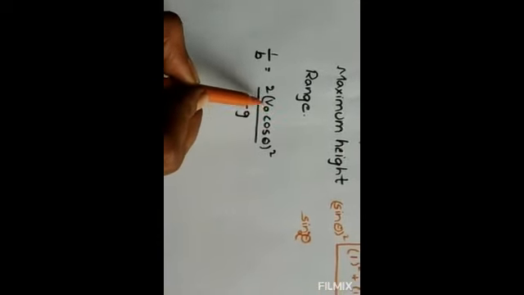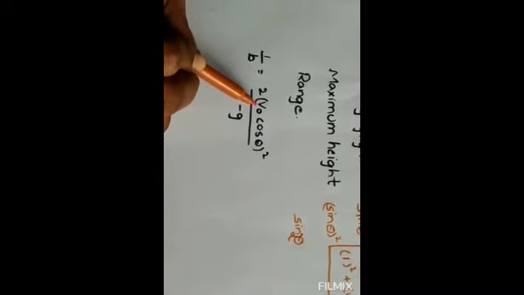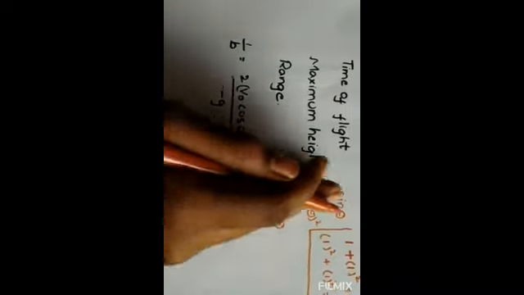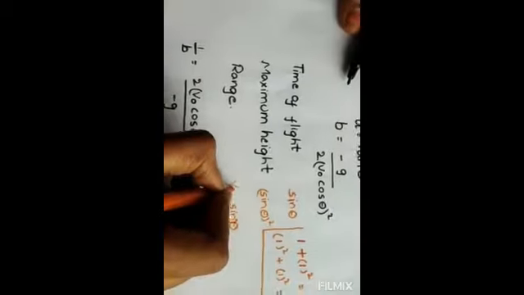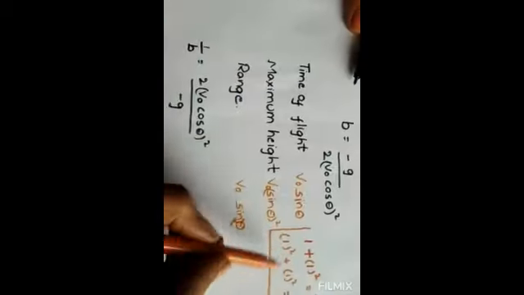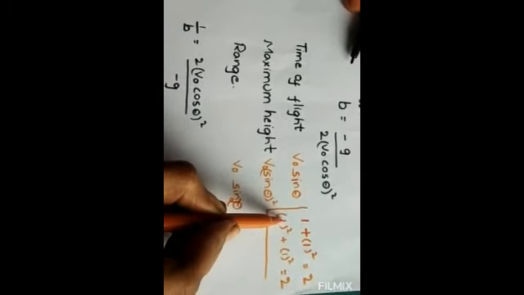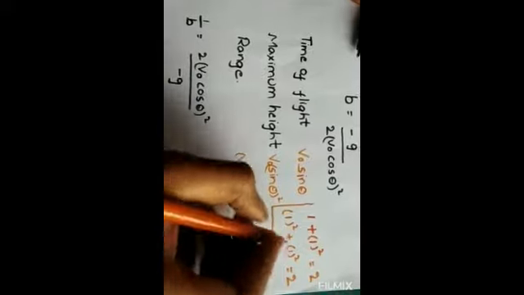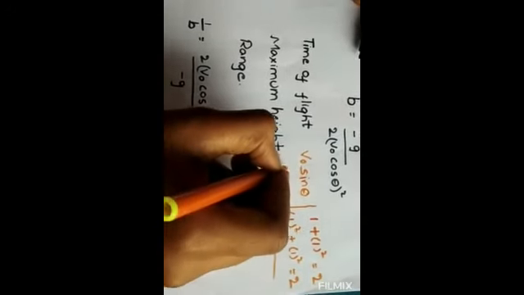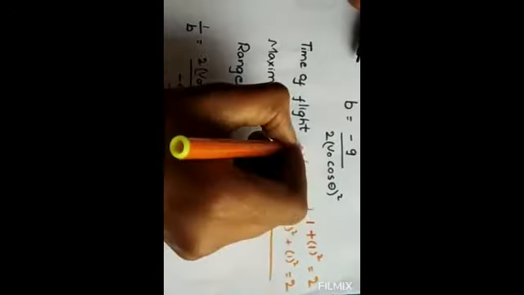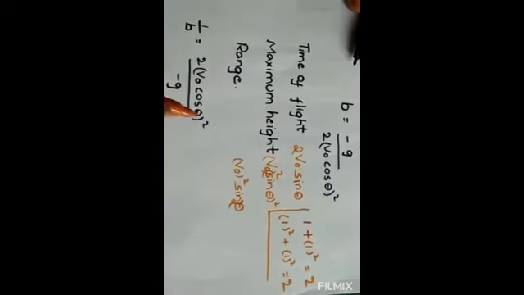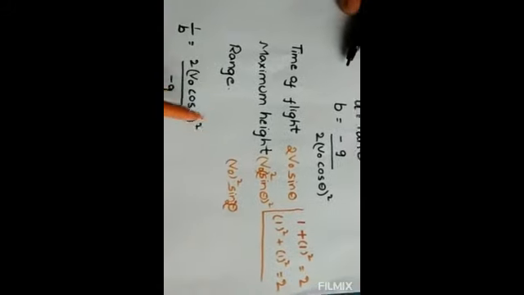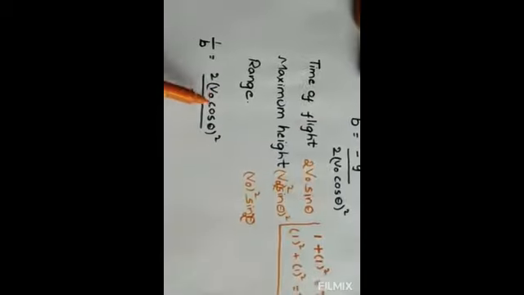Next, here what is here? V naught. So we have to write V naught from downside. So V naught, V naught. Here what happened? Consider this one as V naught. So V naught square, and 2 V naught, and the reciprocal, we have to consider this V naught completed.